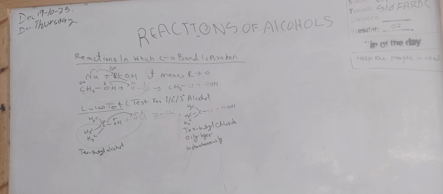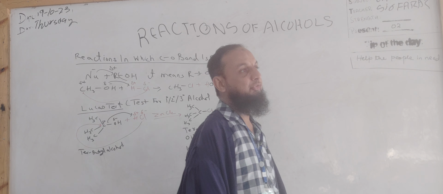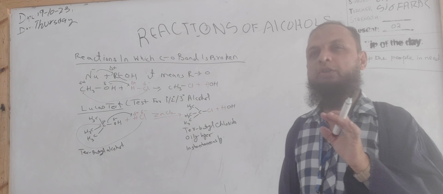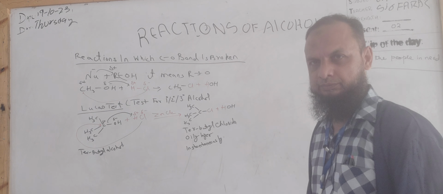If we do not get this layer instantaneously, then we wait for a while, and if we get the oily layer after 5 to 10 minutes, then it means it is a secondary alcohol.